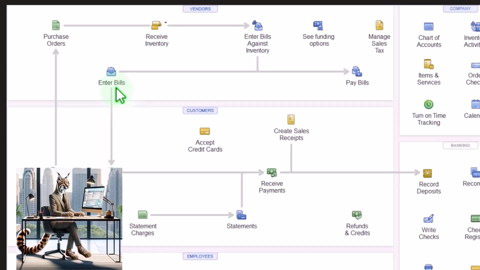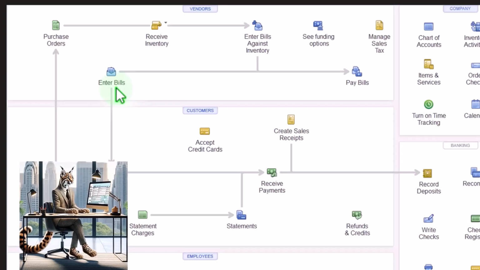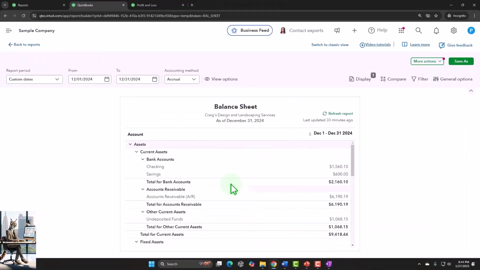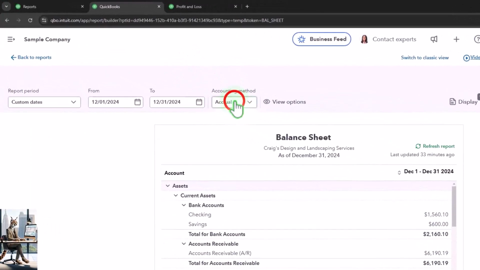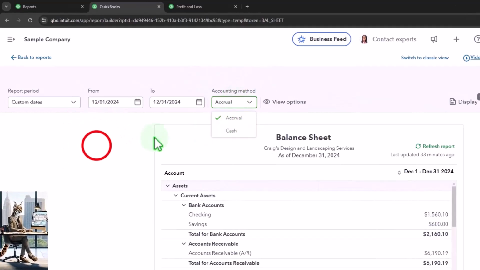Now, there's a difference between the point in time that you incur the expense and when you're going to pay the expense, and you have to deal with that accrual component of accounts payable. So what that means for reporting purposes is that you don't need to toggle this to a cash-based system if you're on a simplified system.